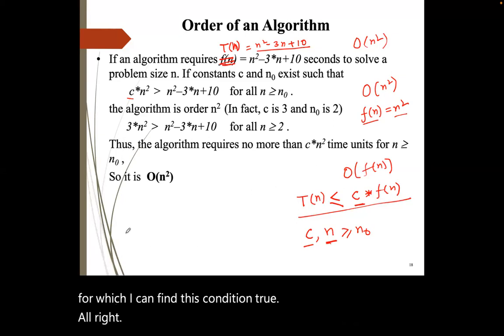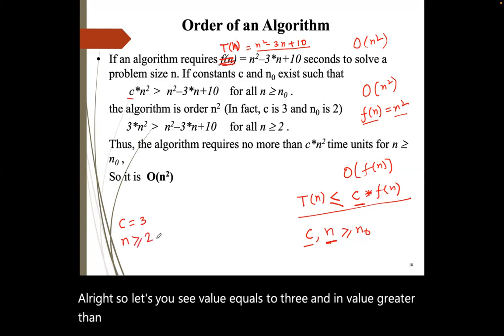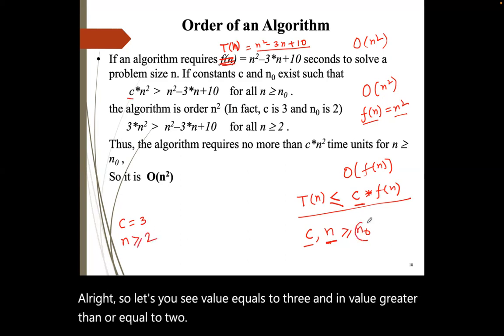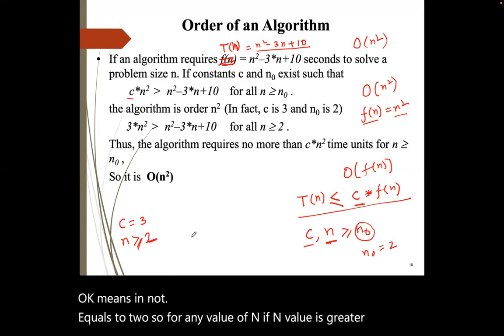So let's use c equals 3 and n greater than or equal to 2, meaning n naught equals 2. For any value of n greater than or equal to 2, let's find out.